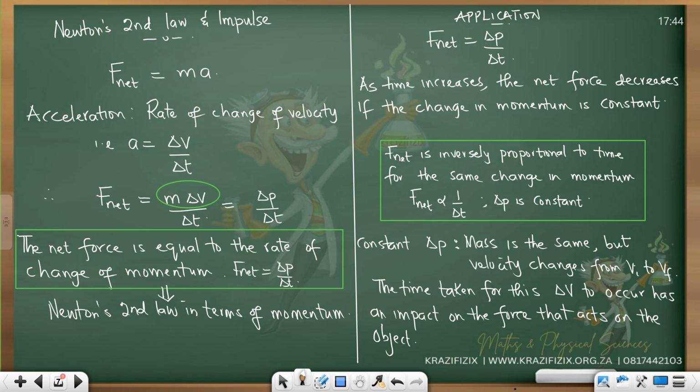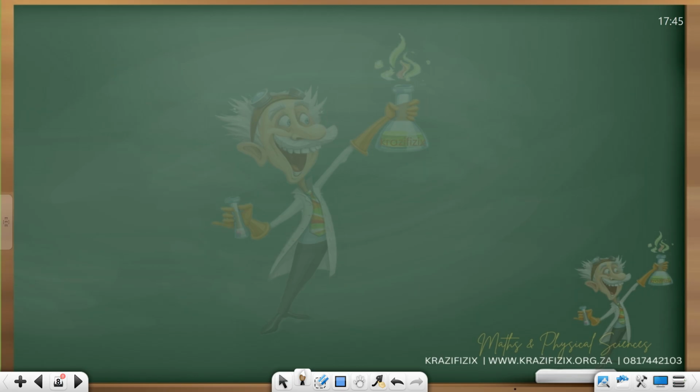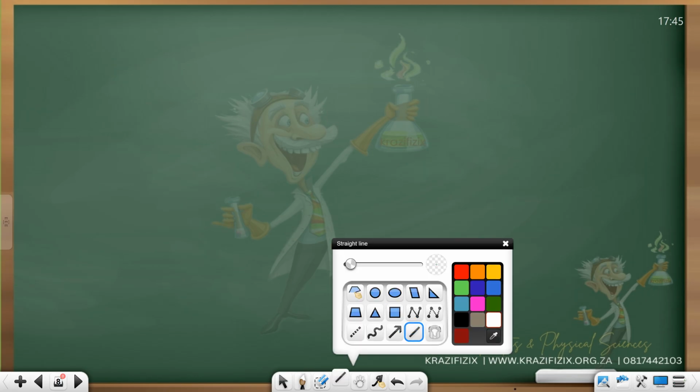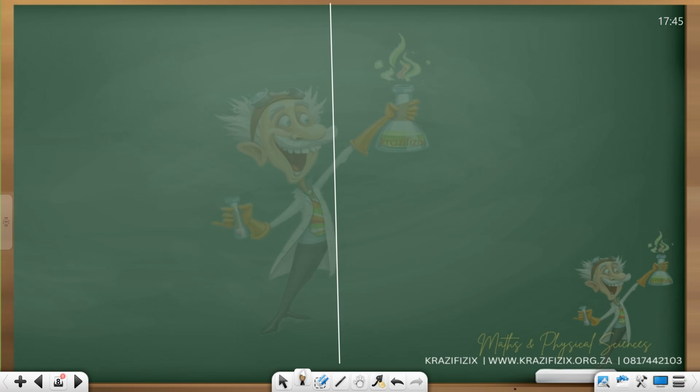I just want to explain that change in momentum being constant, using a quick example. All right, we're good. Now, what do I mean by all of this story that I wrote there? I just want to explain that little part and then move into proper examples and application.